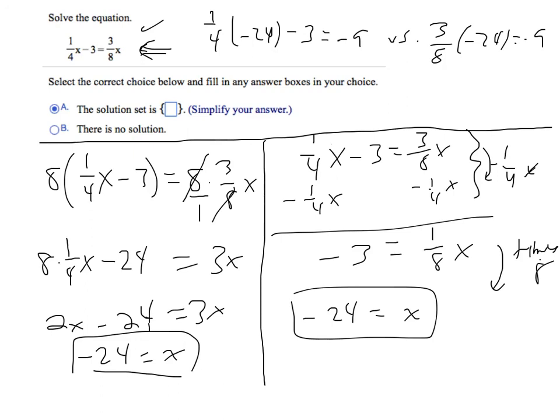Now, the problem with that is that I have to be careful about the distributive property, and I have to know what happens when I multiply a number like 8 times a number like 1/4. My expectation is that it should cancel out and give me a whole number. But if that part seems hard to you, then perhaps this way of doing it will make more sense. So either method is fine. We get the same answer either way.